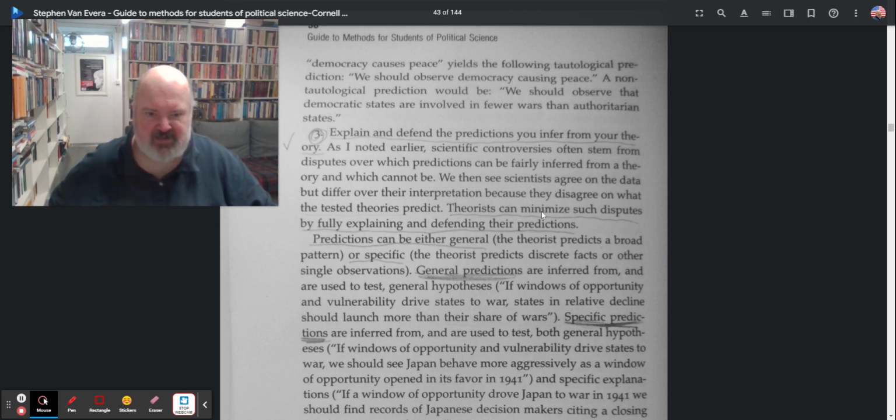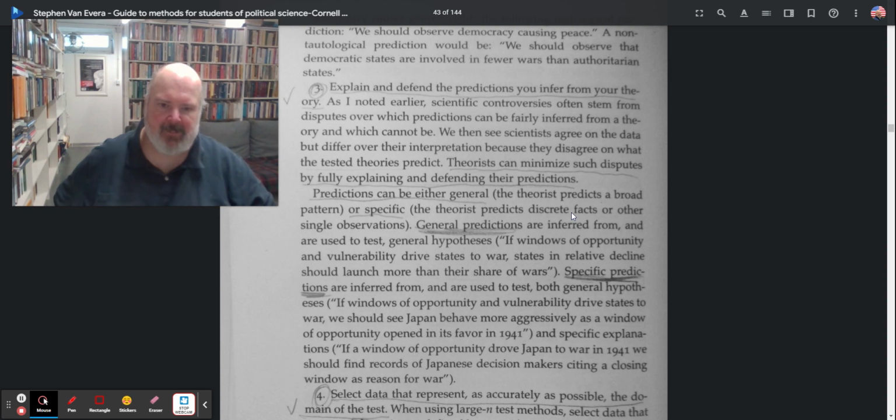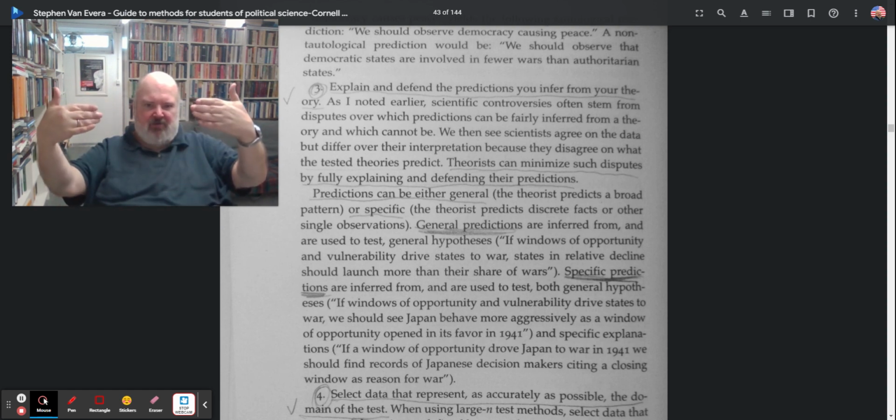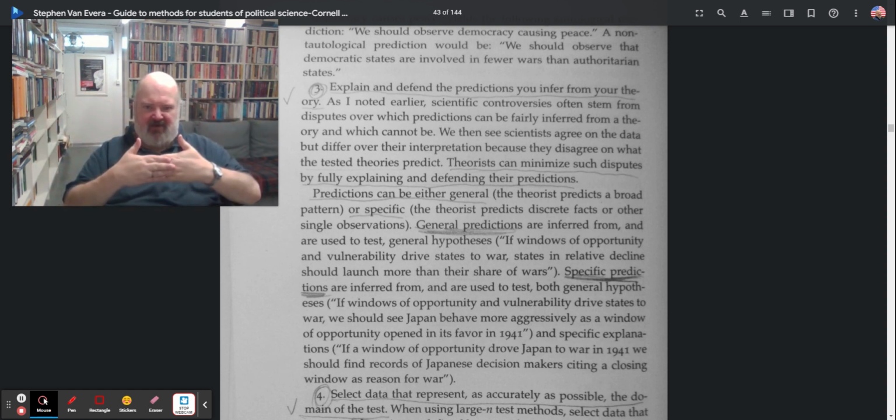Theorists can minimize such disputes by fully explaining and defending their predictions. They agree on the data, but they don't agree on the interpretation of the data.